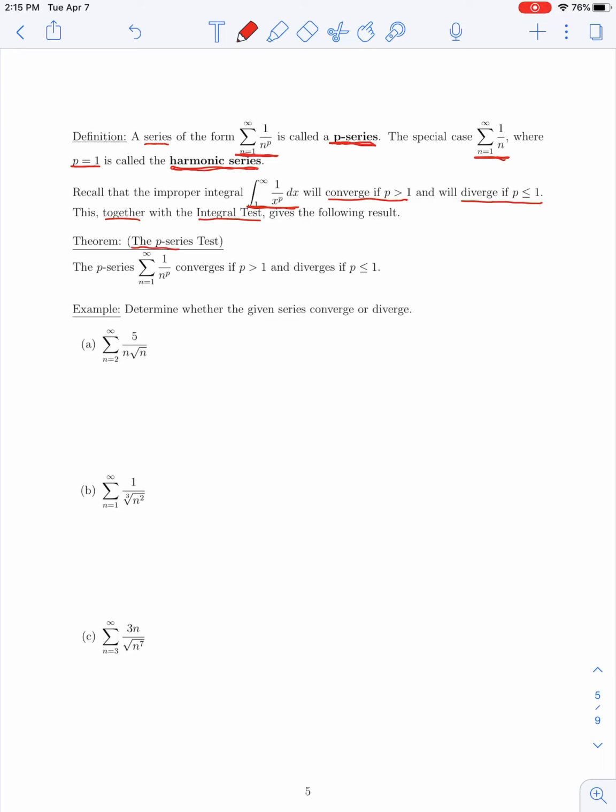A theorem known as the p-series test, which says that the p-series, the sum from 1 to infinity of 1 over n to the p power, will converge as long as the power p is greater than 1, and it will diverge if the power p is less than or equal to 1. The reason this holds is due to the integral test.